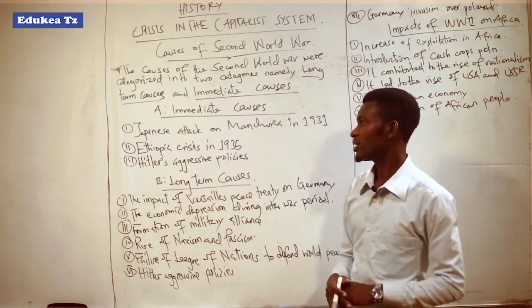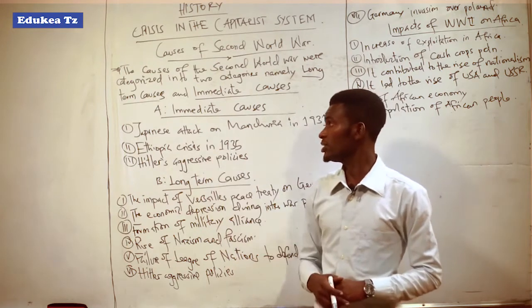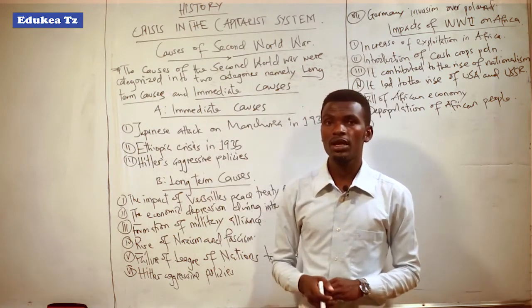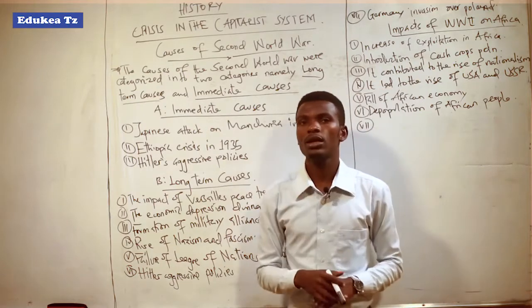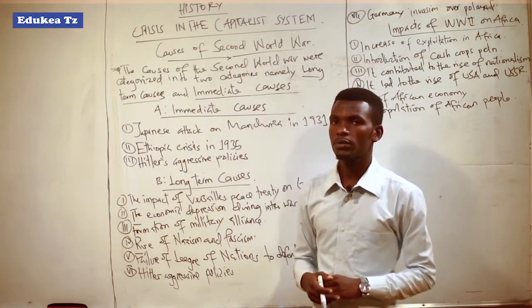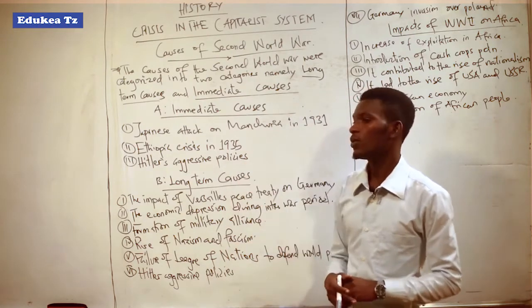So that action by the Japanese to attack Manchuria and China led to anger on the other side, the allied powers, to declare war.